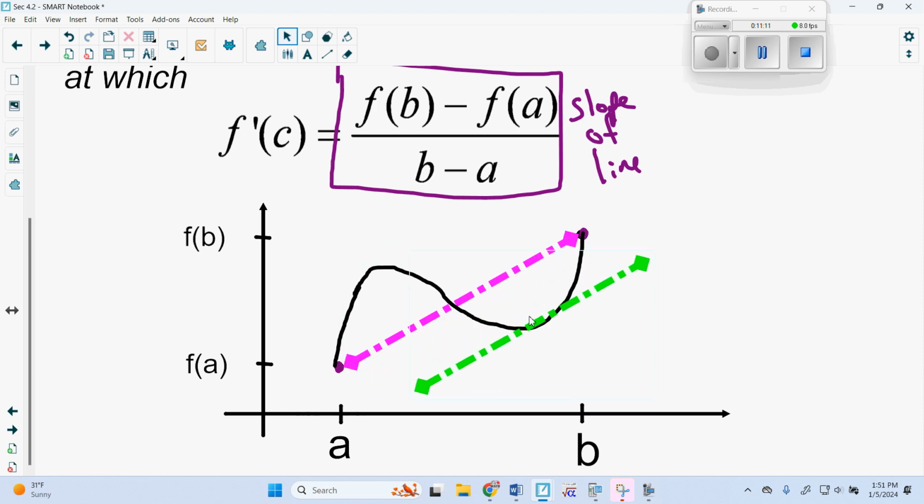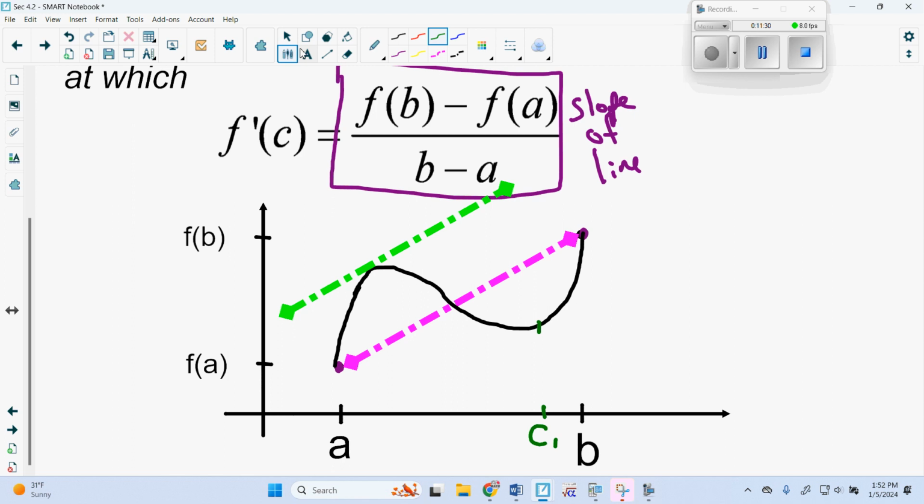So there's some point, let's say right there, where my c has the slope of the tangent line equal to the slope between these 2 points. And in the way I drew this, we actually have another c back here. So we have 2 points.